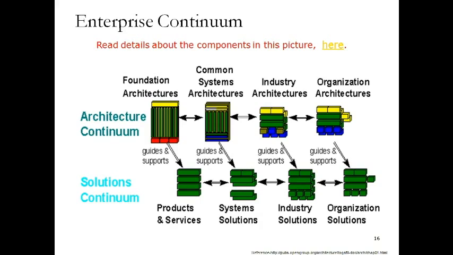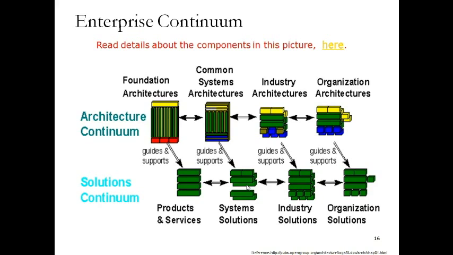In the ADM, we create new building blocks, and the enterprise continuum is our big bucket that contains all the pre-existing or pre-built building blocks, as well as all the building blocks that we built specific to our organization. A building block is simply a grouping of functionalities defined to meet business needs. So we create a group of functionalities, and we create a new building block during the ADM life cycle.